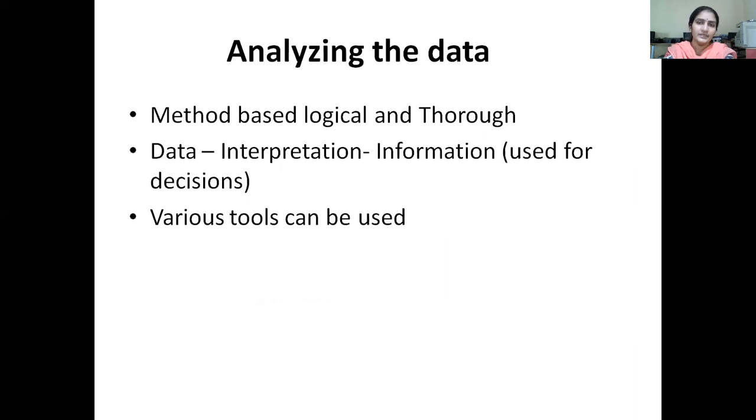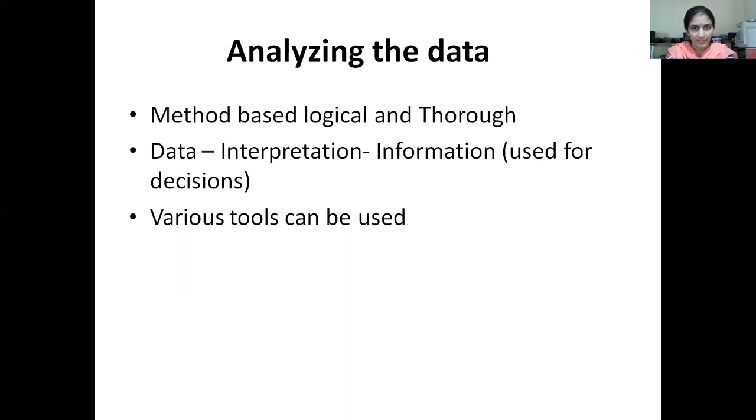Then the next step in the research process is analyzing the data. So how are we going to analyze the data? The data can be analyzed using different methodologies. We will be doing a method-based, logical and thorough analysis, based on certain methodologies which are part of research.